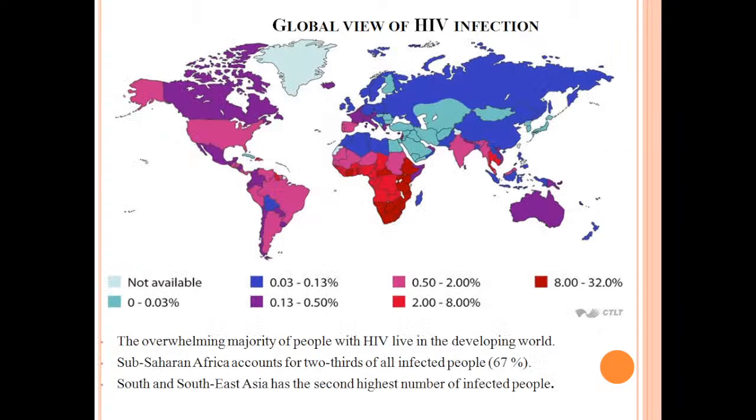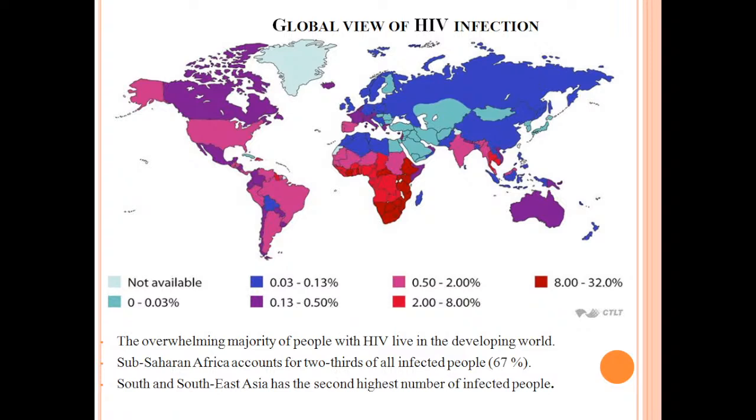In this map you can see global prevalence of HIV infection. Dark blue color shows countries with a prevalent amount of human immunodeficiency virus. The overwhelming majority of people with HIV virus live in the developing world.